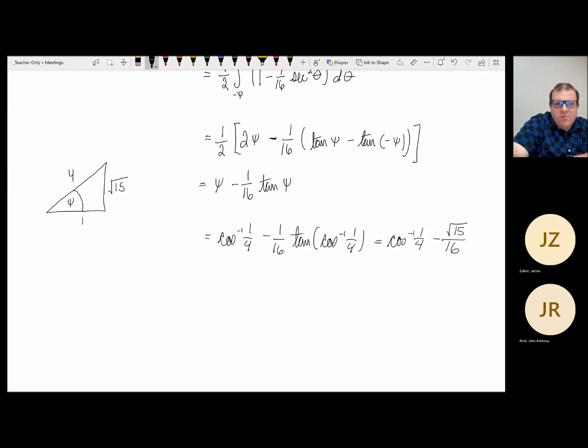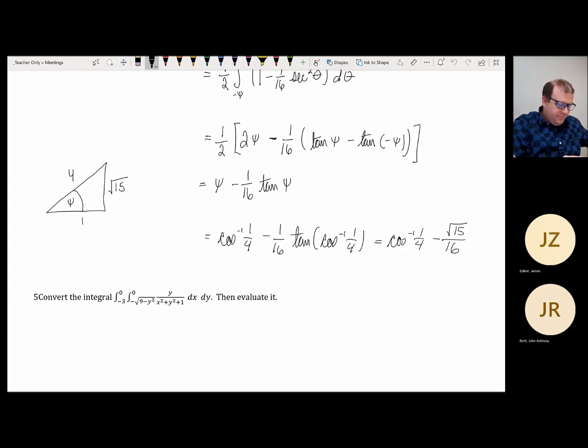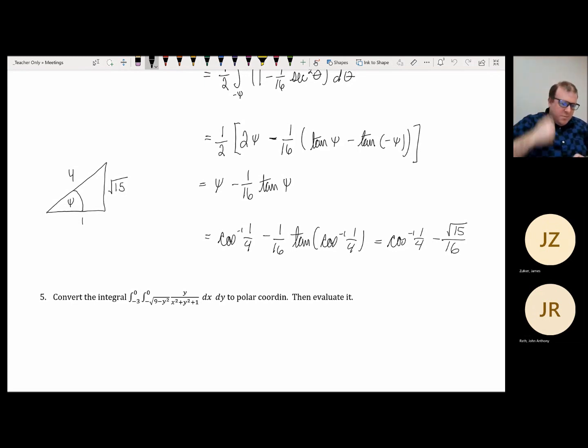I think I'm going to skip ahead and do this one. We want to convert this integral to polar coordinates, and then we'll evaluate it.